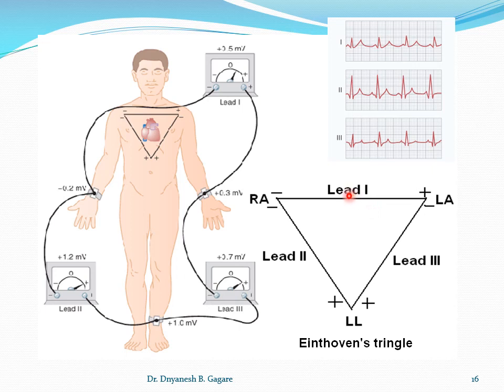For lead 1, if you have to record the ECG under lead 1, you connect the negative terminal of the ECG machine through the wire to the right arm, and the positive terminal to the left arm, and you can record the ECG.